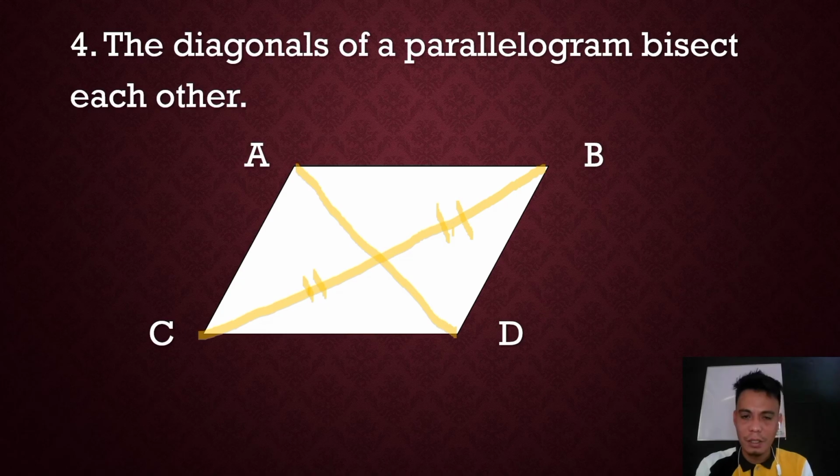And your segment AD, ayan, yung diagonal na yan, for example, that is 8 cm. So, since nahati po siya, so therefore, magiging 4 cm na lang ito, and this is 4 cm. So, they bisect each other. So, hinati po nila yung isa't isa into two equal parts. Okay? So, the diagonals of a parallelogram bisect each other.